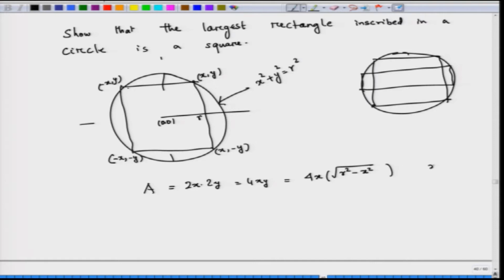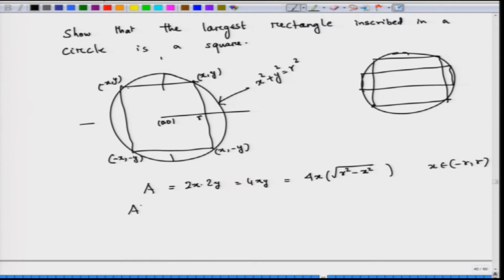We are looking for x between minus r and r, because the radius of the circle is r. So, now the area is a function of x, this is A(x). Now, to find the maximum of this function, we apply differential calculus.